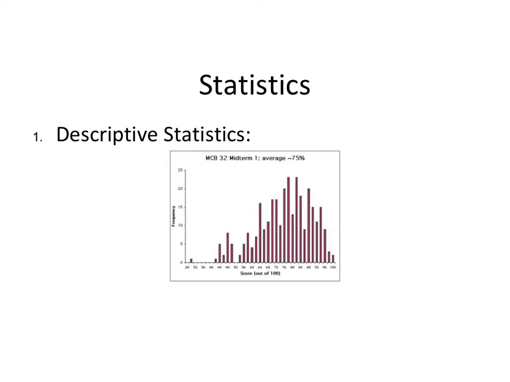Descriptive statistics is just one way to look at numerical data that is used to measure and describe characteristics of a group or groups. And as you can imagine, in psychology, we're looking at characteristics of a group or groups of people. And so descriptive statistics can be extremely helpful.